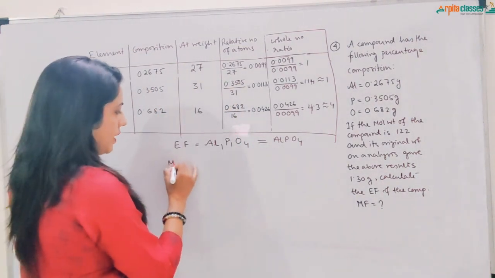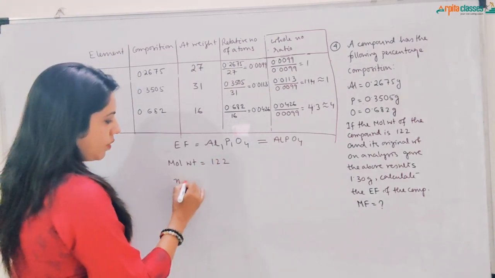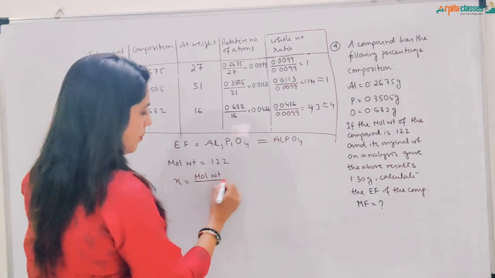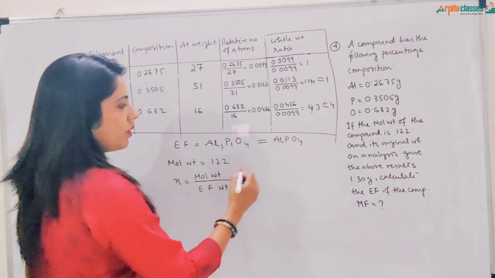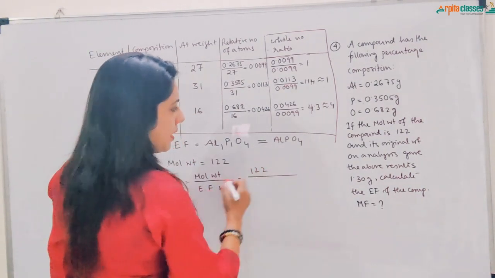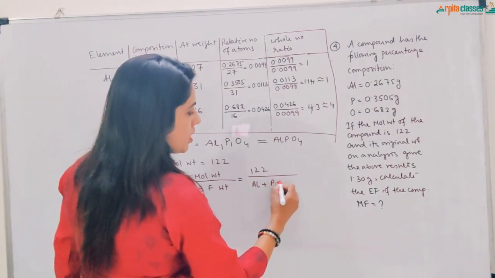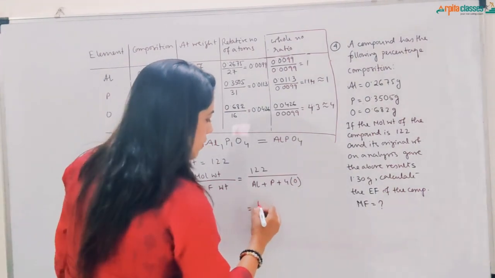Now the molecular weight is given. The molecular weight is 122. So we'll find out N. N is molecular weight upon empirical formula weight. So molecular weight is 122 and empirical formula weight is the weight of aluminium plus weight of phosphorus plus 4 into weight of oxygen. So let us put the values.